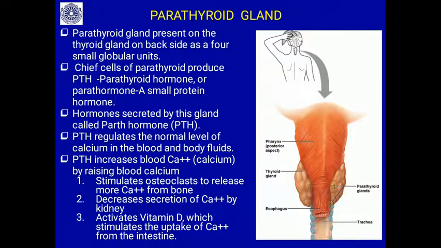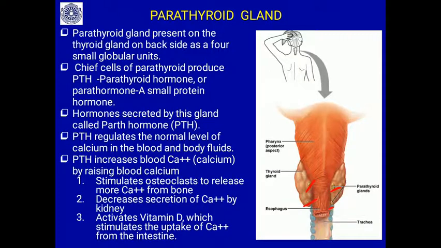The parathyroid glands are present on the back side. You will find four small globular structures on the back of the thyroid, called the parathyroid glands. These glands have oxyphil cells and chief cells.